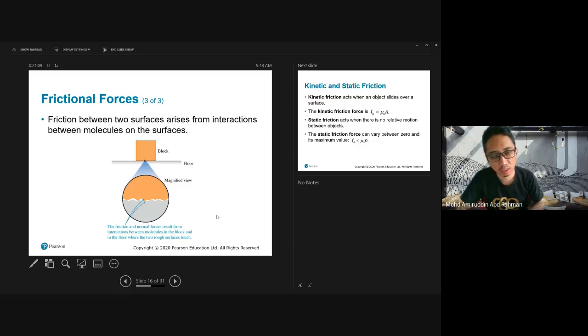When it is a rough surface and you magnify it, you can see that the surface is not smooth. There are some curvy spaces on the block and also some curvy spaces on the floor. So that's why there is friction.